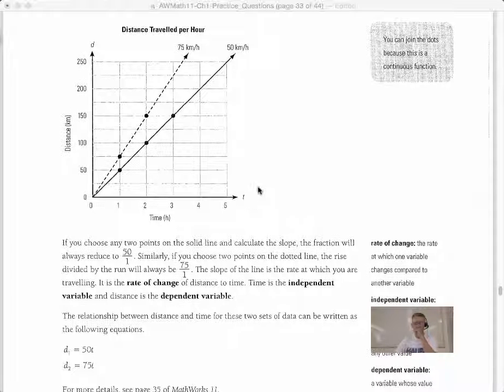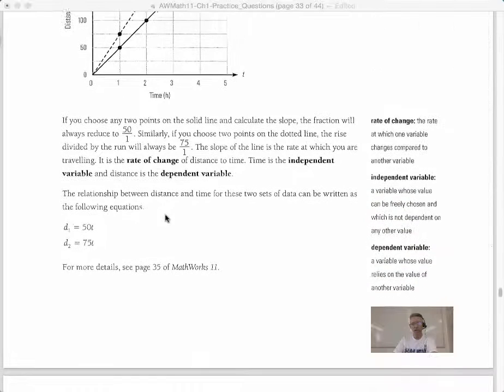Now you can ask yourself, does time driven depend on the distance traveled, or does the distance depend on the time? So the distance that you travel obviously depends on the time you've been driving for. So distance is dependent. So that distance would be the dependent variable, time would be the independent variable.